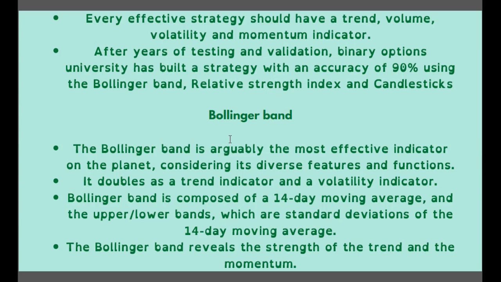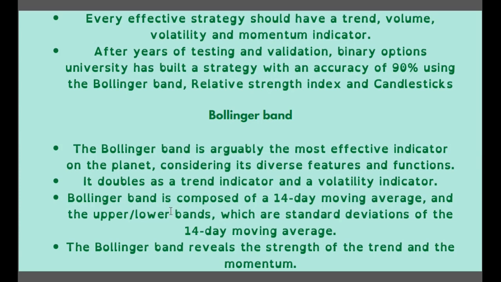So let's go to the Bollinger Band. The Bollinger Band is arguably the most effective indicator on the planet, considering its diverse features and functions. It doubles as a trend indicator and a volatility indicator.